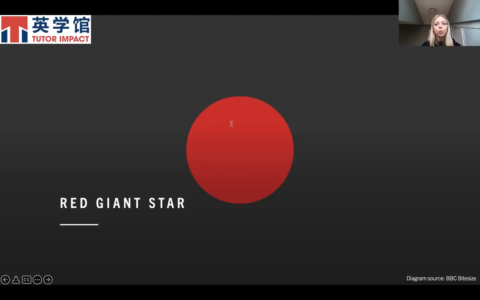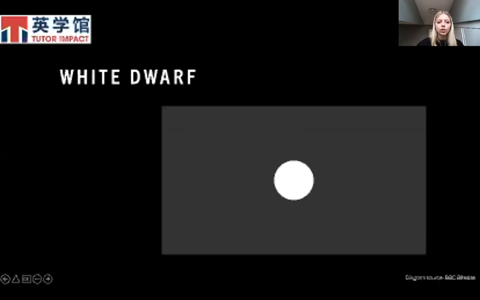Now, you remember the smaller stars that are the same size as the sun or less, they then become a white dwarf. So we're going down that left-hand side first of the original diagram. So then they become a white dwarf. And this is when all of the nuclear reactions are over. A small star like the sun may begin to contract under the pull of gravity.